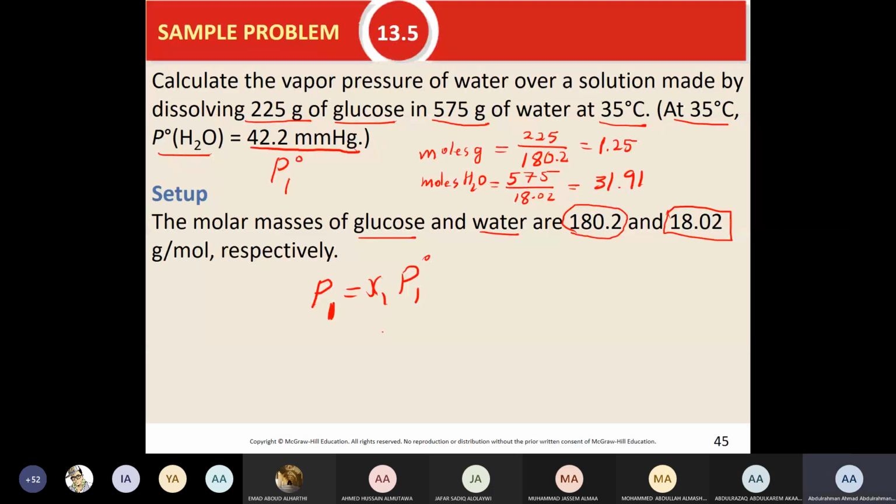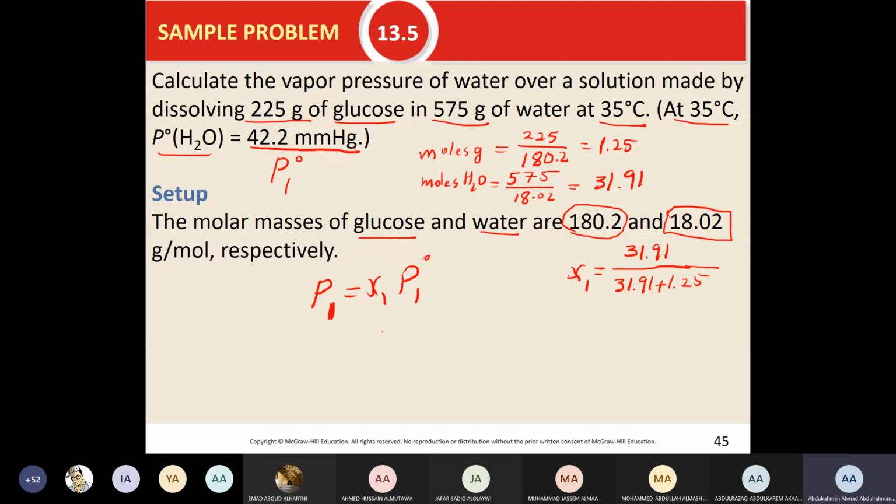Calculate X1. X1 equals moles of solvent divided by moles of solvent plus moles of solute. Give me numbers. 31.91 divided by 31.91 plus 1.25. I hope your numbers are correct.